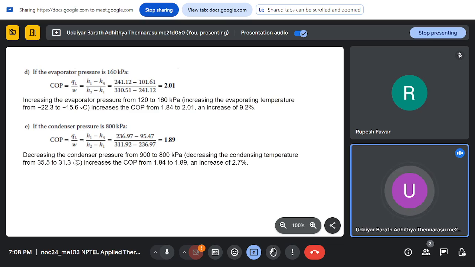So you have to go with bigger sized heat exchangers. So that is from the practical point of view. But this also will increase your COP. So it's increasing from 1.84 to 1.89, which is an increase of 2.7%. Any doubt in this question?